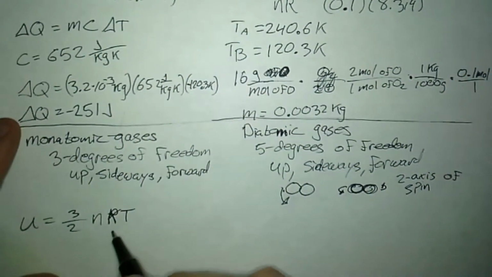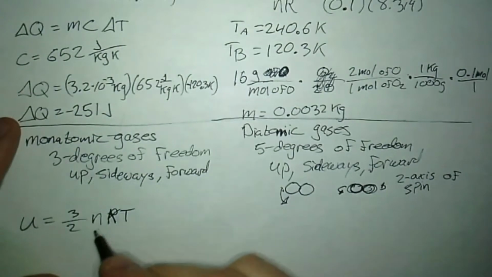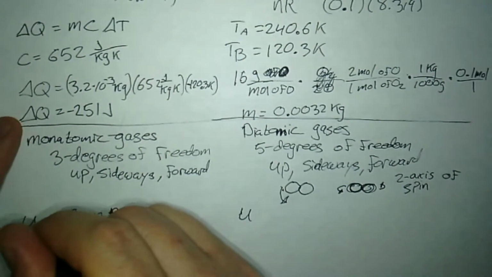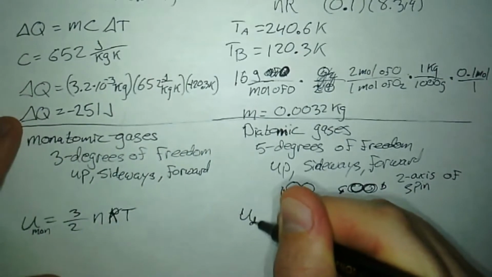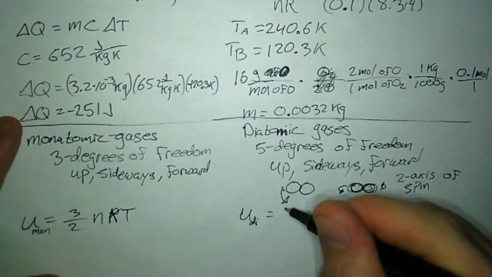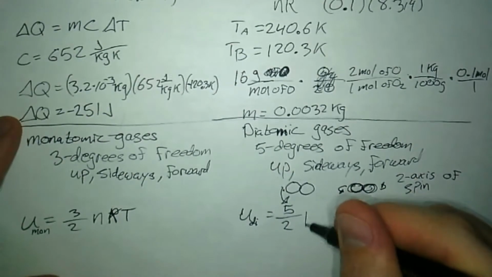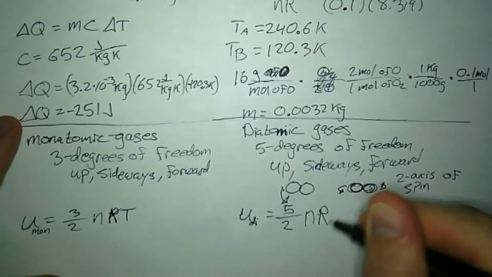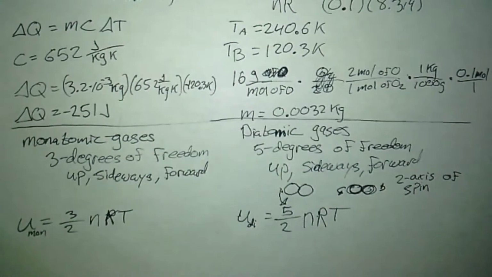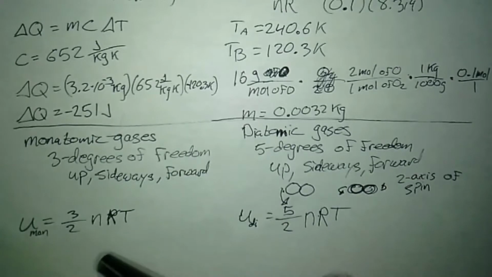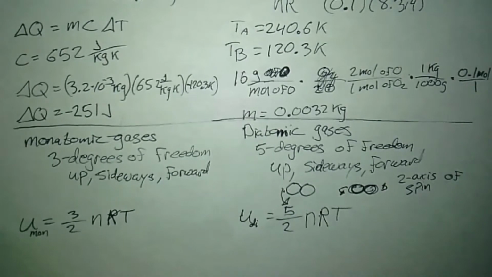So R is the universal gas constant, T is temperature, n is moles. And for diatomic gases, so we'll say mon down here, and di over here, you have the number of degrees of freedom, same thing, divided by 2, times n, times RT. And those are the whole formulas. So this is degrees of freedom on top, times 1/2 nRT. And that gets you the internal energy.